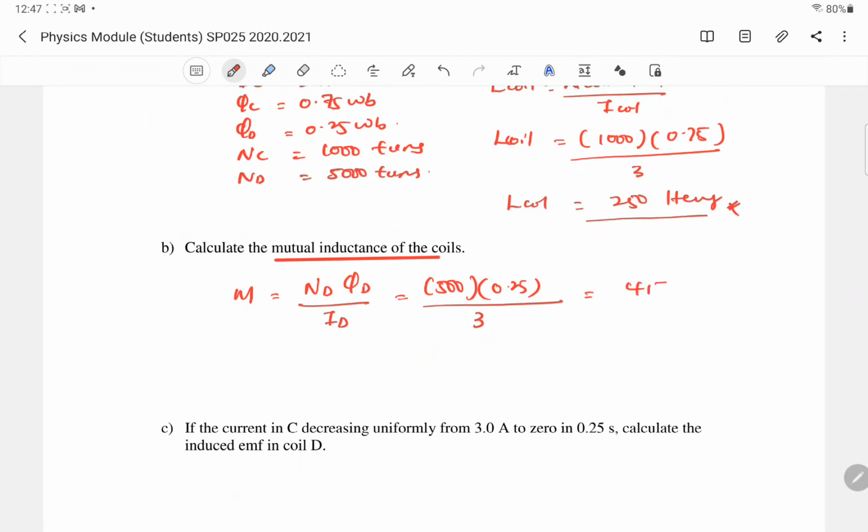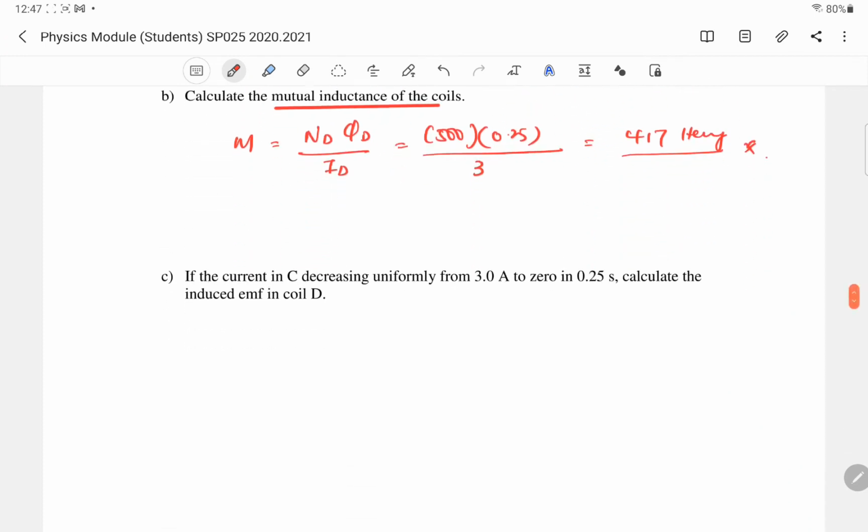So we have 417 Henry for the mutual inductance of the coils.